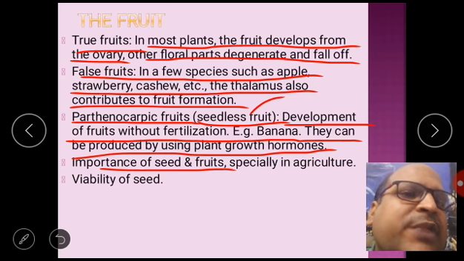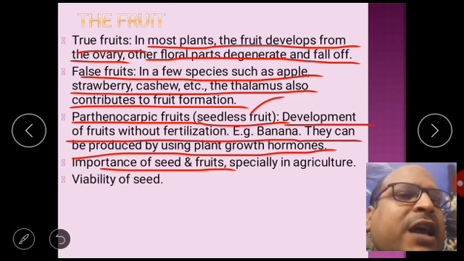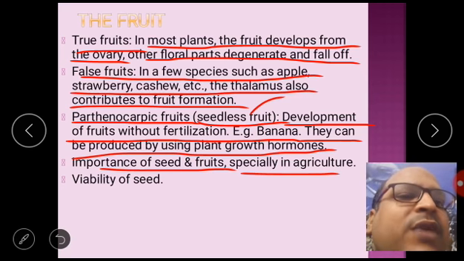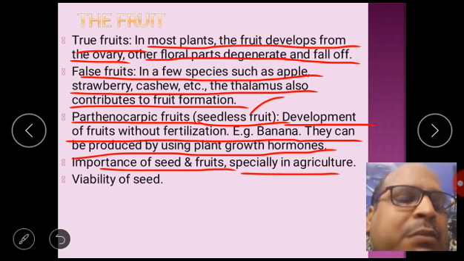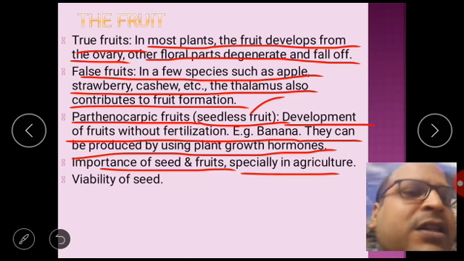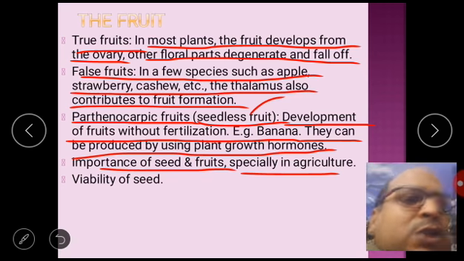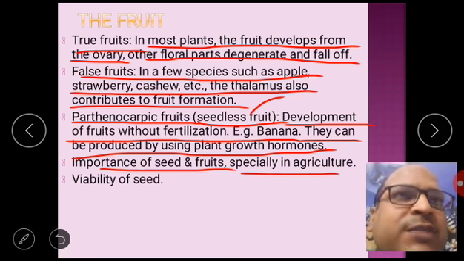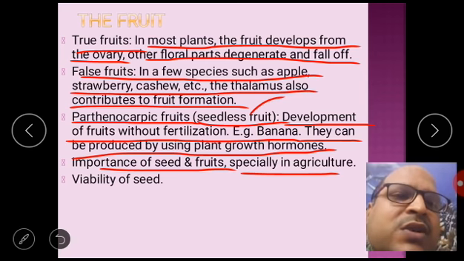That time period they can overcome by making seeds and fruits. And this is the importance in agriculture also. One thing more: in the seed form or fruit form, they can preserve reserve food also for the time of germination. So this thing also is important.